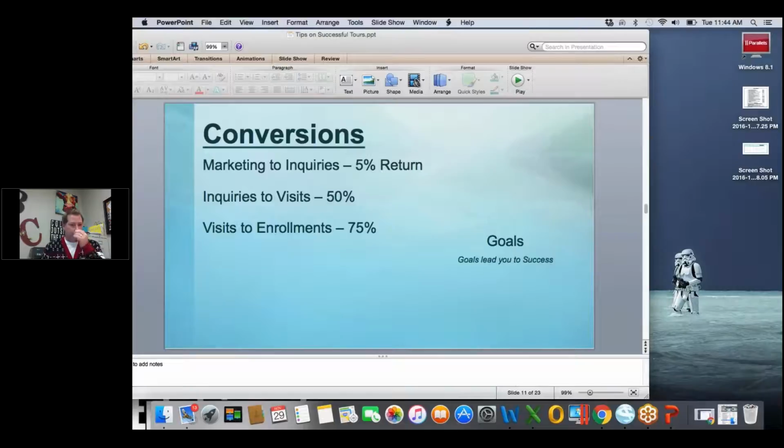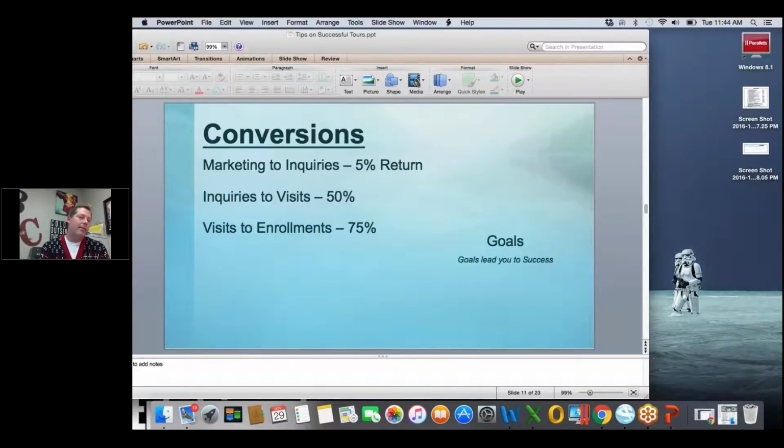All right, now set goals for your conversions. I always like to set the goal that on any marketing campaign that I make, we want a 5% return.